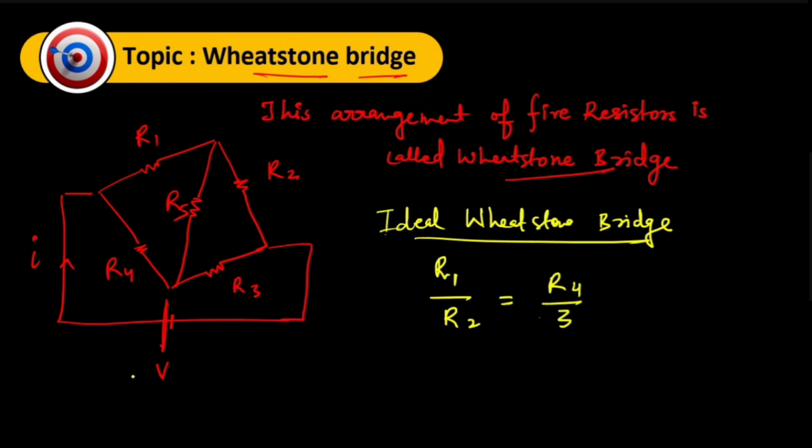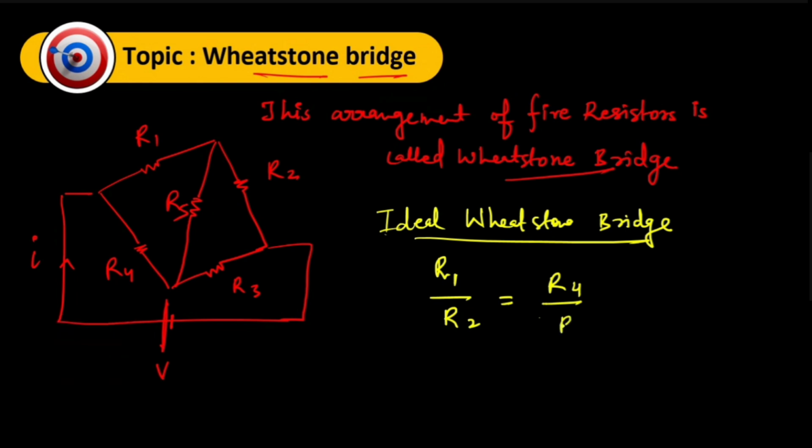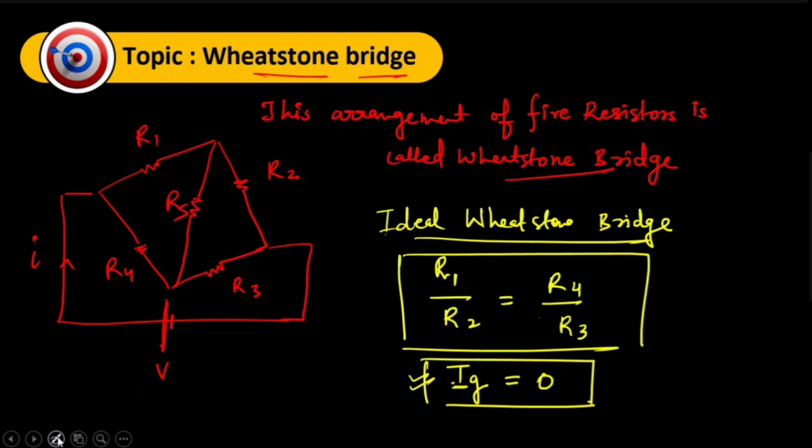R1 by R2 must be equal to R4 by R3. So if there is an ideal Wheatstone bridge, there is no current supposed to be passing through the middle wire. Current through that middle wire is supposed to be zero in the ideal case only.